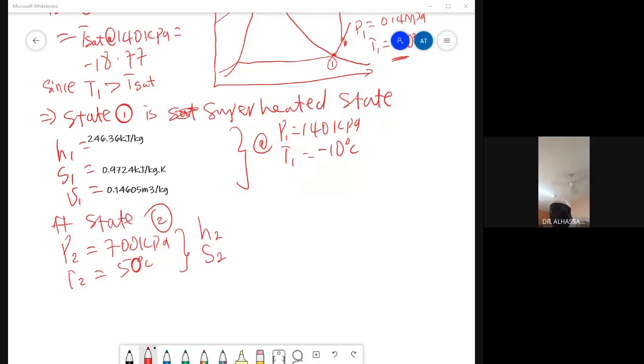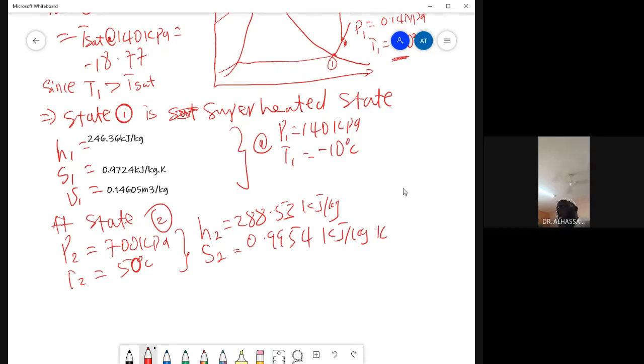At 0.7 megapascal and 50 degrees Celsius, the enthalpy is 288.53 kilojoules per kilogram, and the entropy is 0.9954 kilojoules per kilogram per Kelvin.